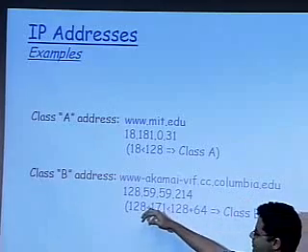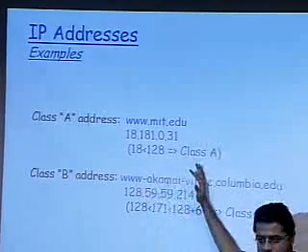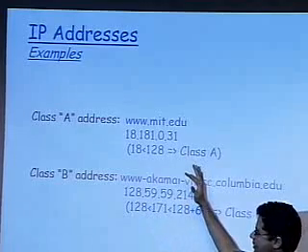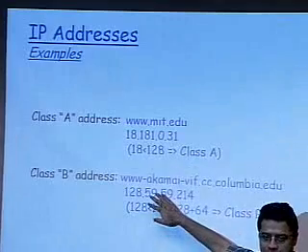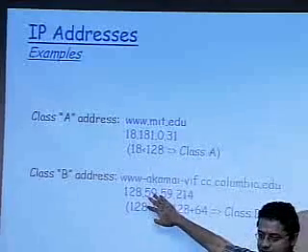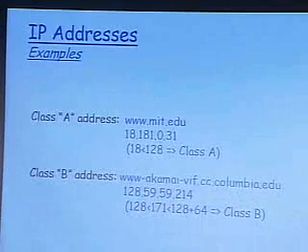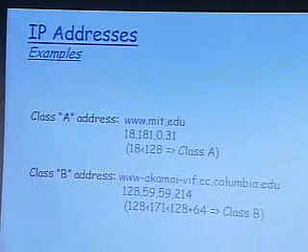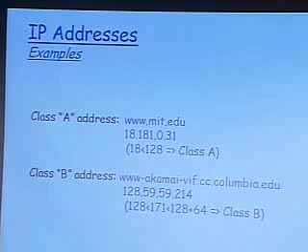So we have 128.59, and then everything else is free after that. So the first 16 bits were fixed, 128.59, and then we had the freedom of assigning the rest of the 2 raised to 16 addresses to individual hosts. So what's the problem with this kind of assignment?